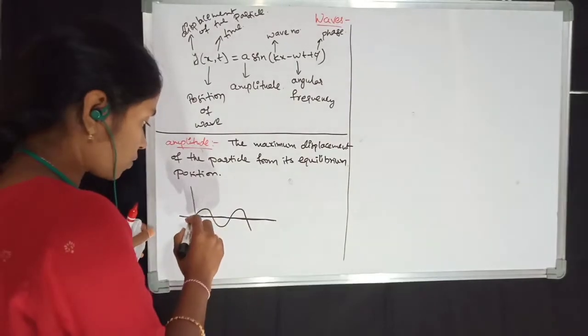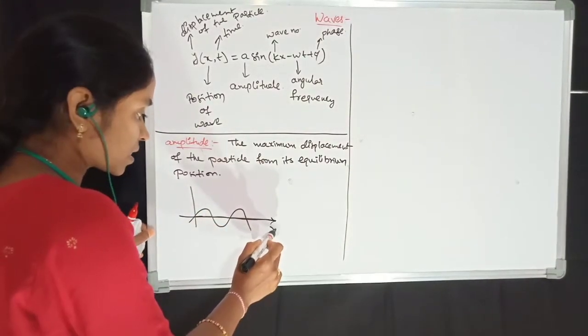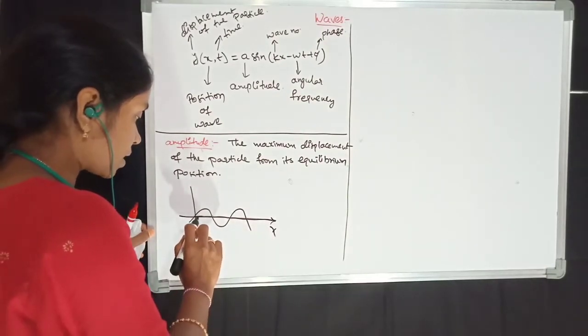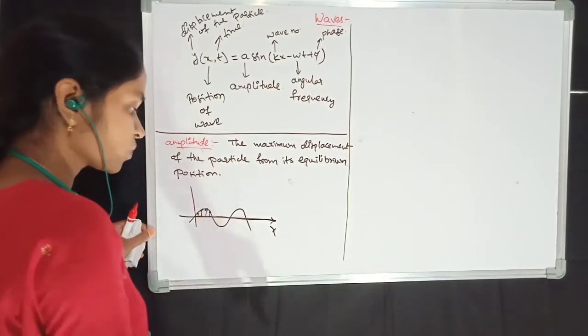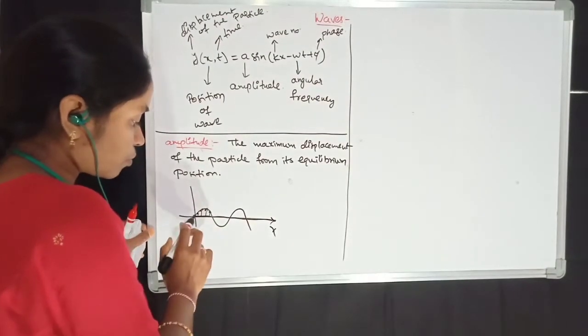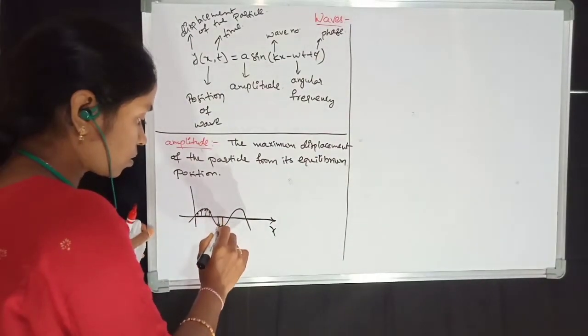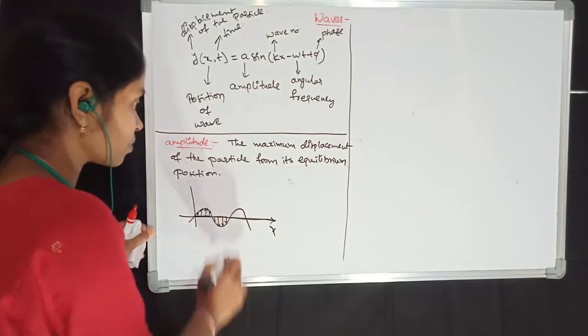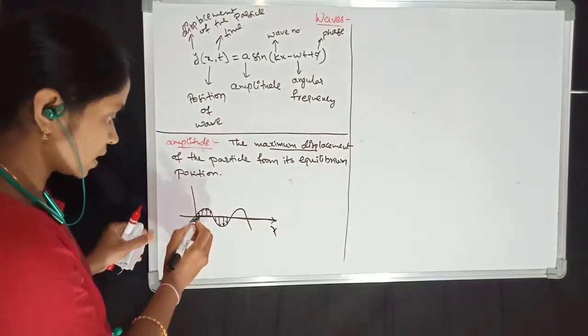Whenever this wave is traveling from one point to another point along the x-axis, what happens? The particles from their equilibrium positions will be displaced, and the maximum displacement of the particle. For example, I have a particle here.